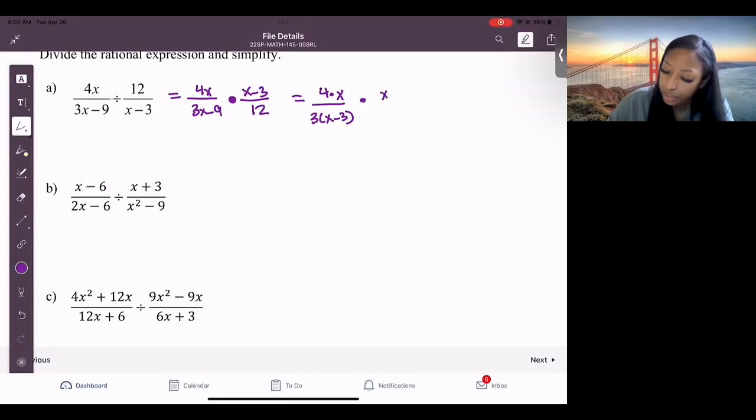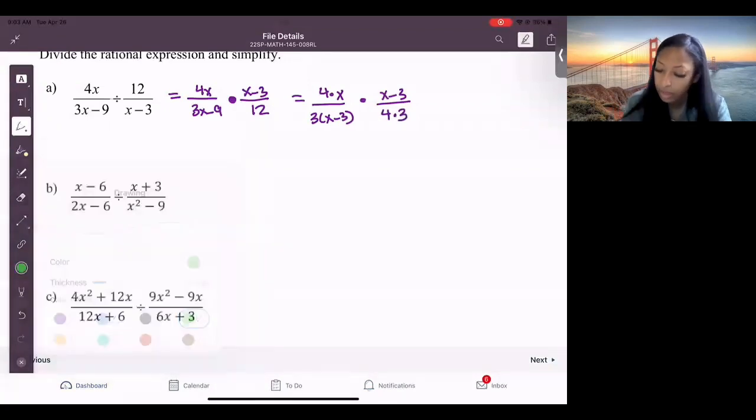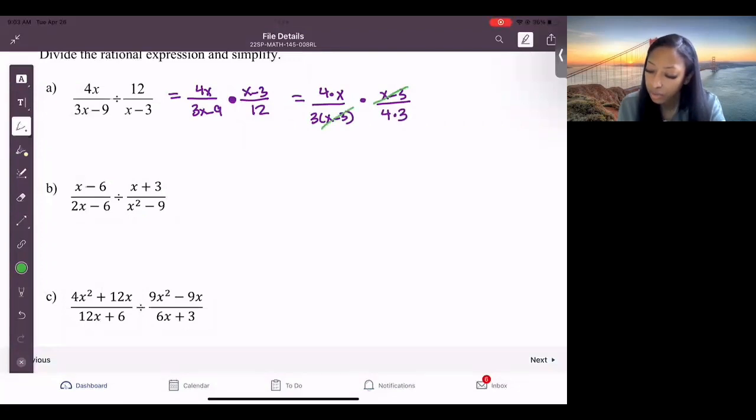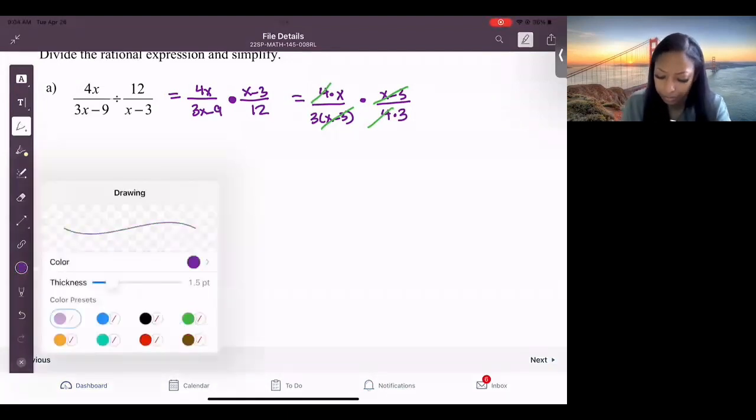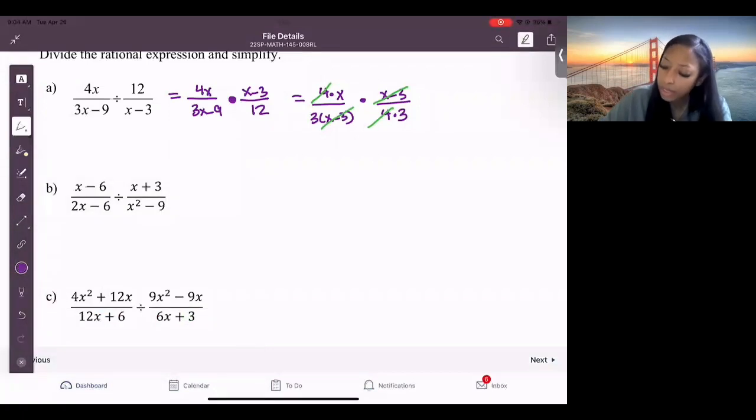Our second numerator is just x minus 3, and our second denominator, 12, can be factored into 4 times 3. Then we cancel. The x minus 3's cancel, the 4's cancel, and that's it. We can't cancel the 3's because both of them are in the denominator. So our final answer here would be x over 3 times 3, 9.